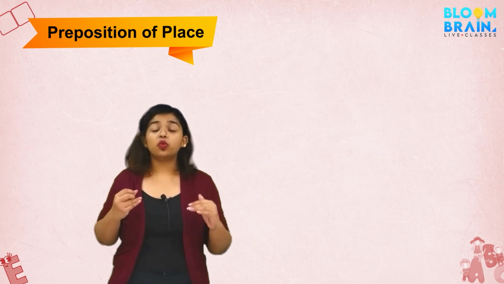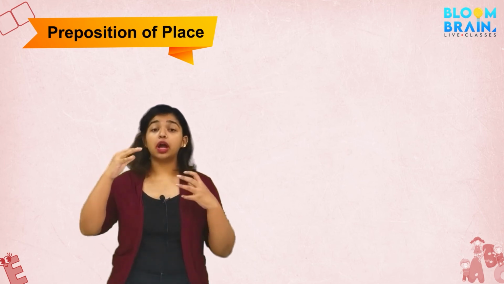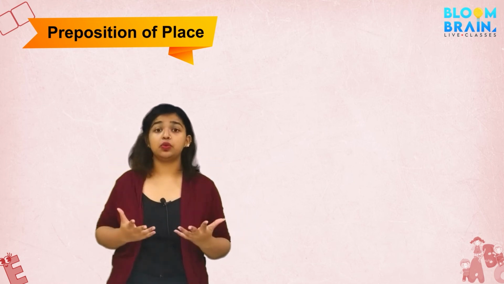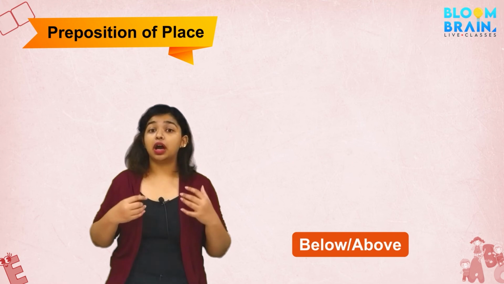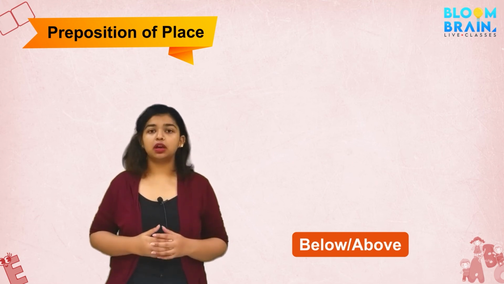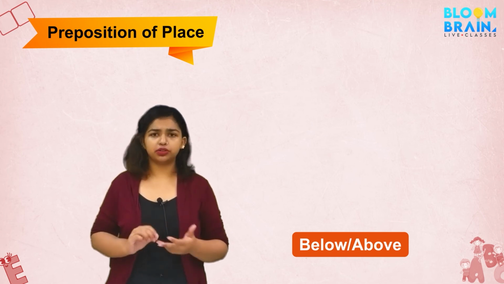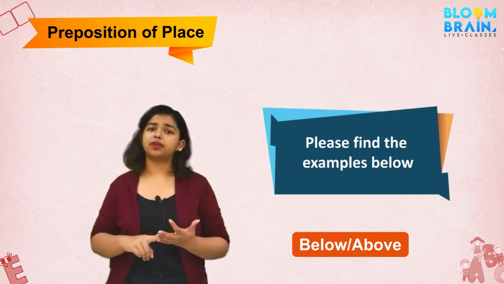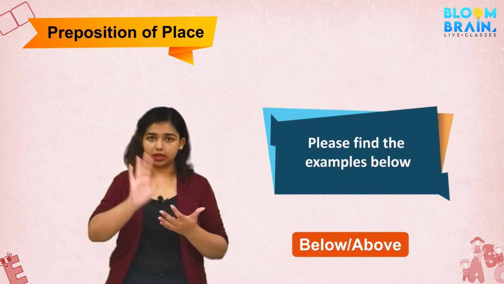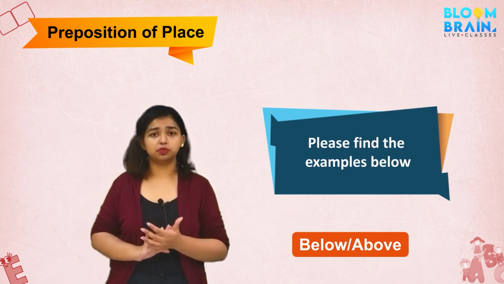Then when we have to denote something on a lower or a higher position, we are going to use below or above. So you have noticed something, like if you've seen something written, like please find the examples below. So for a lower position we are going to use below.